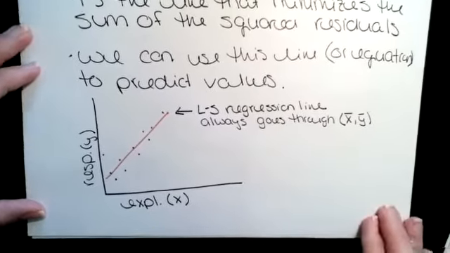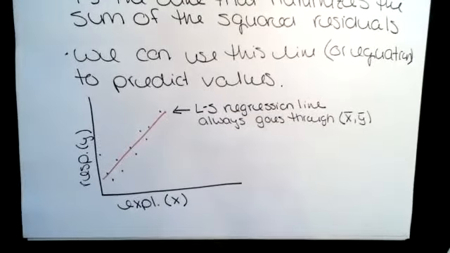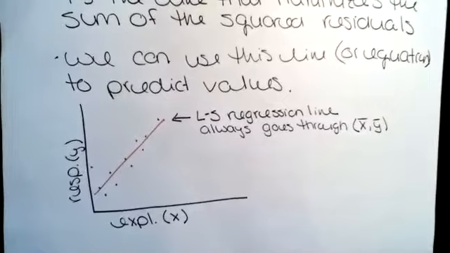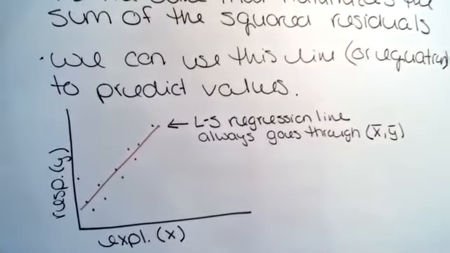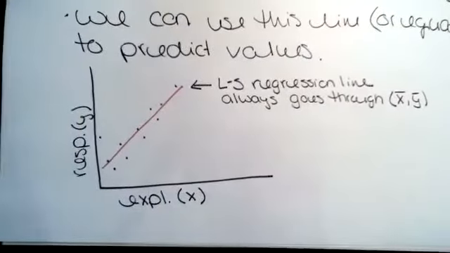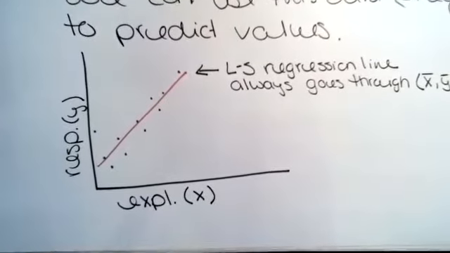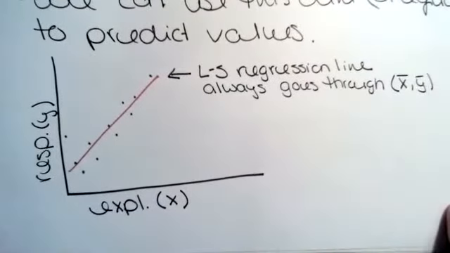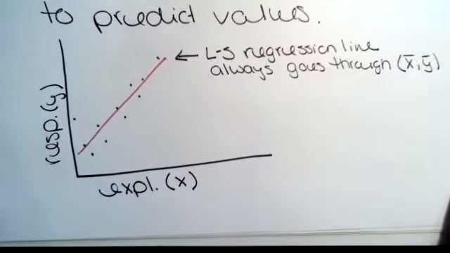Now remember what x bar and y bar stand for. X bar and y bar are my sample means for my x's and my y's. So it always goes through the means.